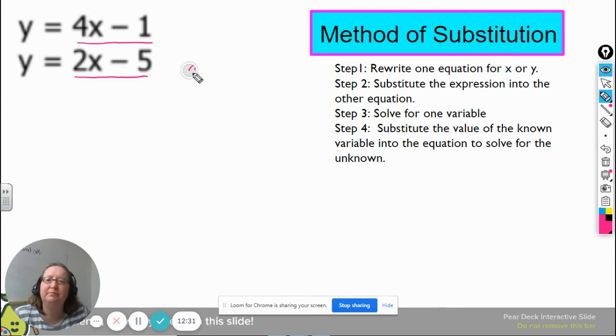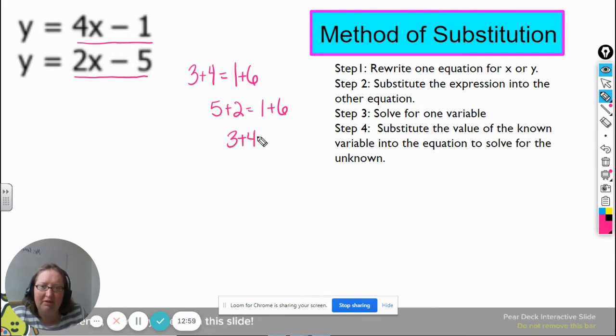If I said 3 plus 4 is equal to 1 plus 6, and then I said that 5 plus 2 is equal to 1 plus 6, then wouldn't you have to say, if this is equal to 1 plus 6, and this is equal to 1 plus 6, then isn't this equal to this? Isn't 3 plus 4 equal to 5 plus 2? Yes, that is true. That is a true statement. And that's one of our properties.